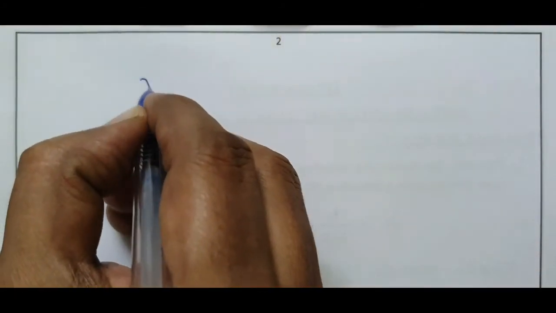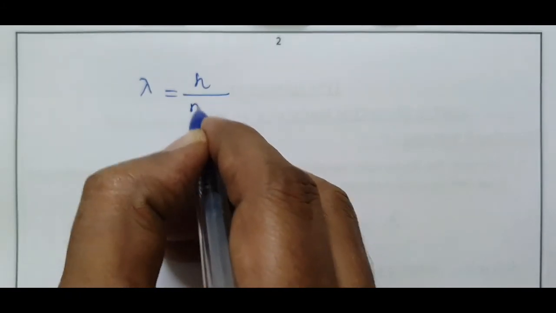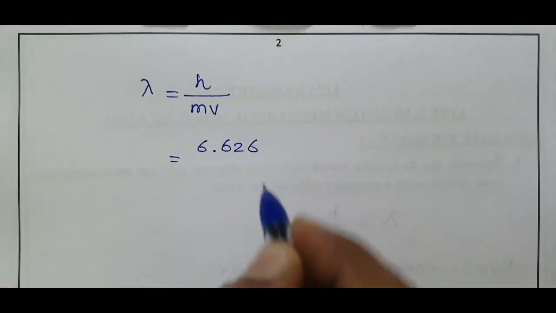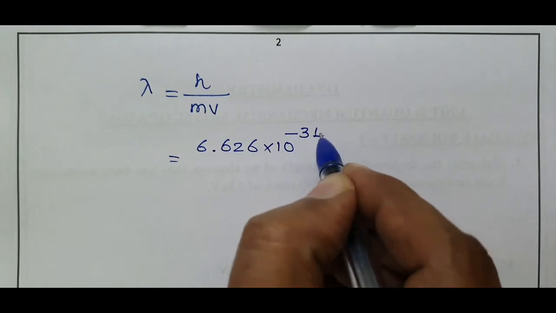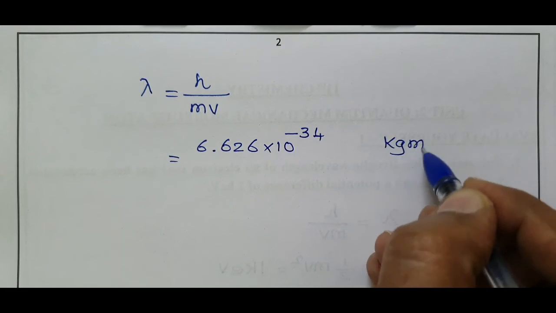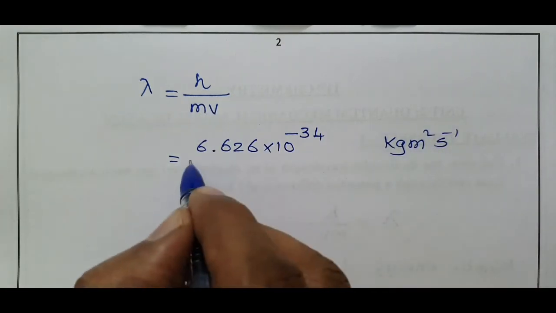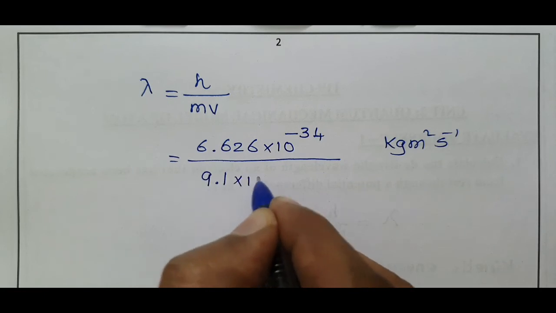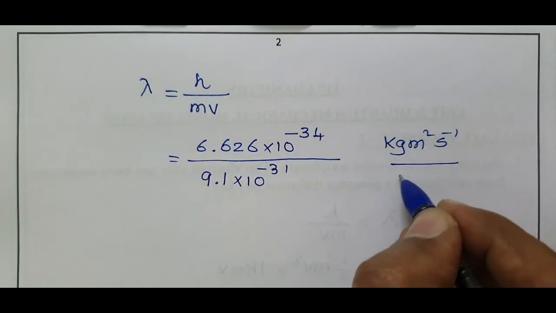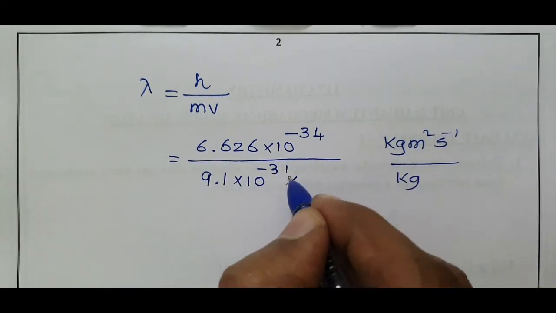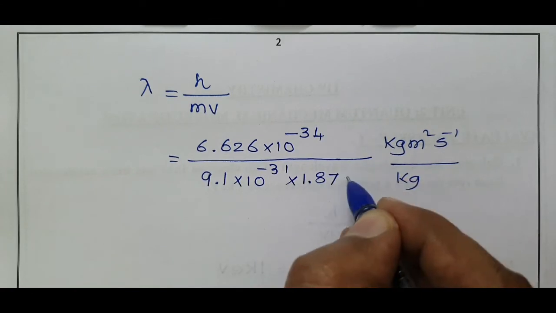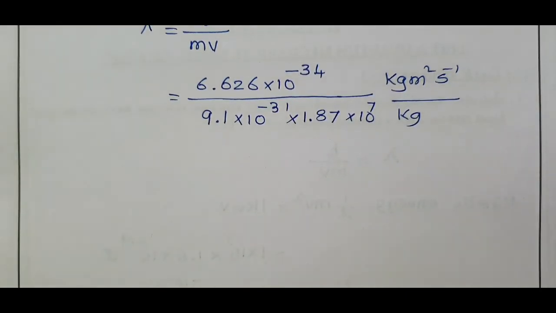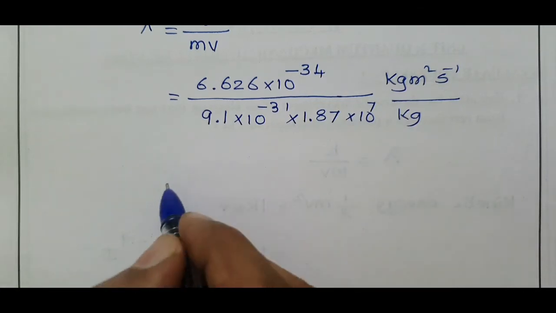We know lambda equals h by mv. h is Planck's constant, equal to 6.626 into 10 power minus 34, unit kilogram meter squared second power minus 1, divided by the mass of the electron, a constant, 9.1 into 10 power minus 31, unit kilogram, and the velocity we have just calculated, 1.87 into 10 power 7.